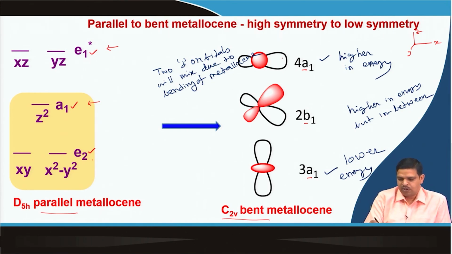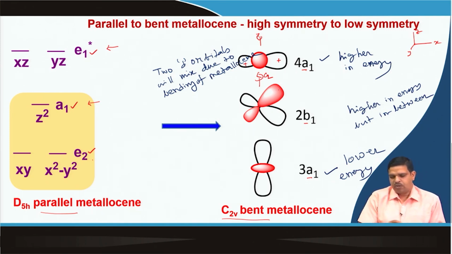So, here you will see that if we rotate through a C2 axis, here plus, here plus. So, if we consider this is plus and this is plus, if I rotate, the phase will not change. But here, if I rotate through C2, initially this is minus, that is the red.